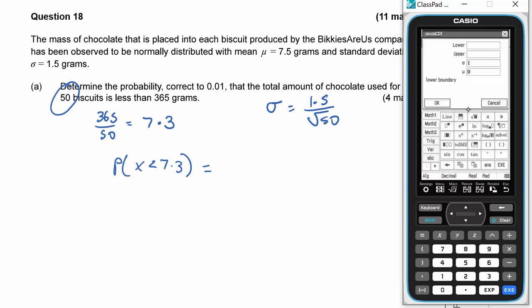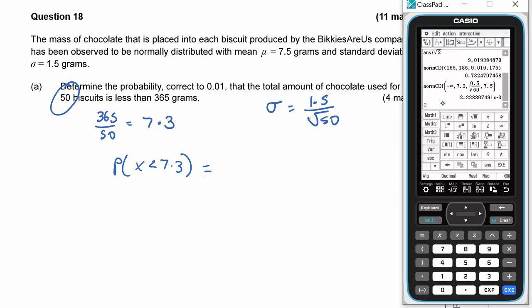And so we can go to our normal CDF and put the lower as negative infinity and the upper as 7.3. We know the mean is 7.5 and the sigma we have to put in as 1.5 divided by the square root of 50.